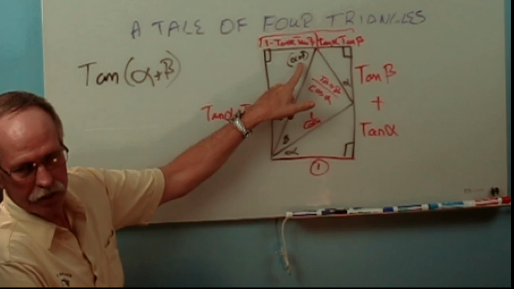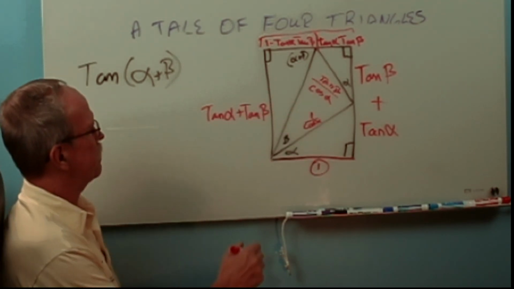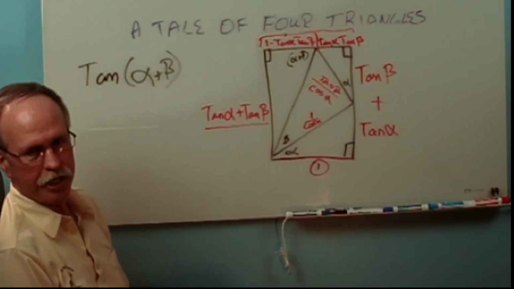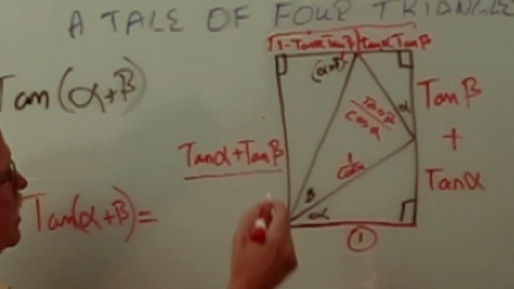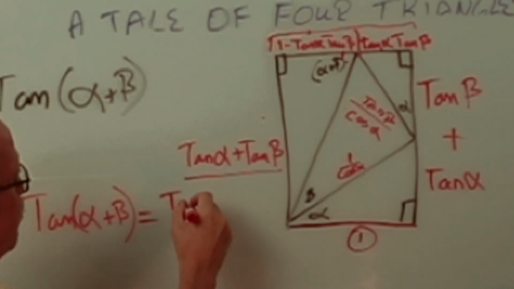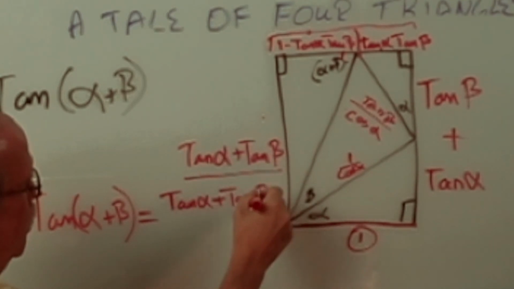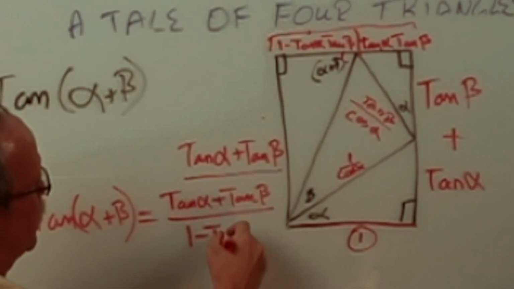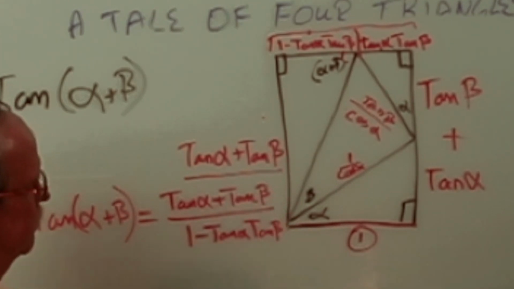What is the tangent of alpha plus beta? It's the opposite over the adjacent. So there's our angle. That's the opposite side. So we have tangent alpha plus tangent beta over 1 minus tangent alpha times tangent beta.